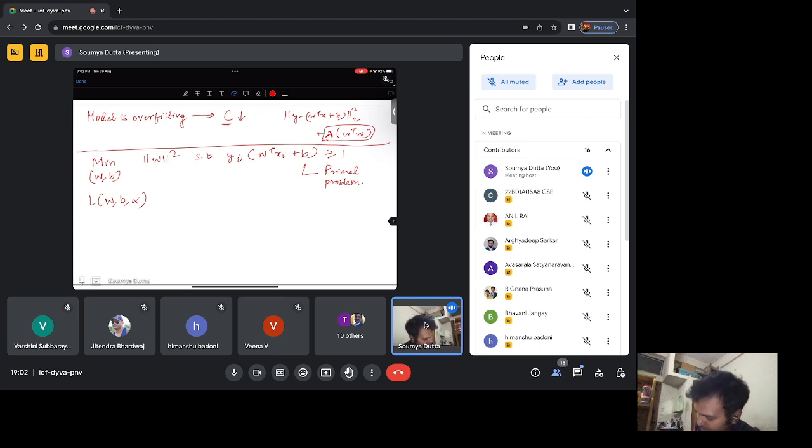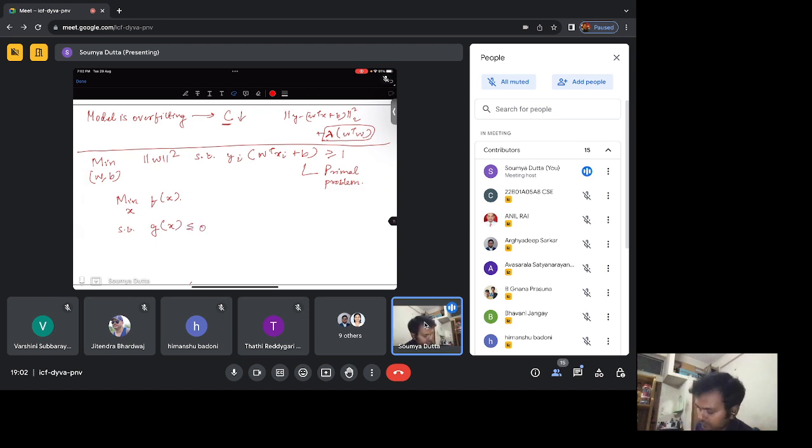One thing you should always remember: suppose you have a problem, minimization of f(x), I'm giving a general formulation here, such that g(x) is less than 0.